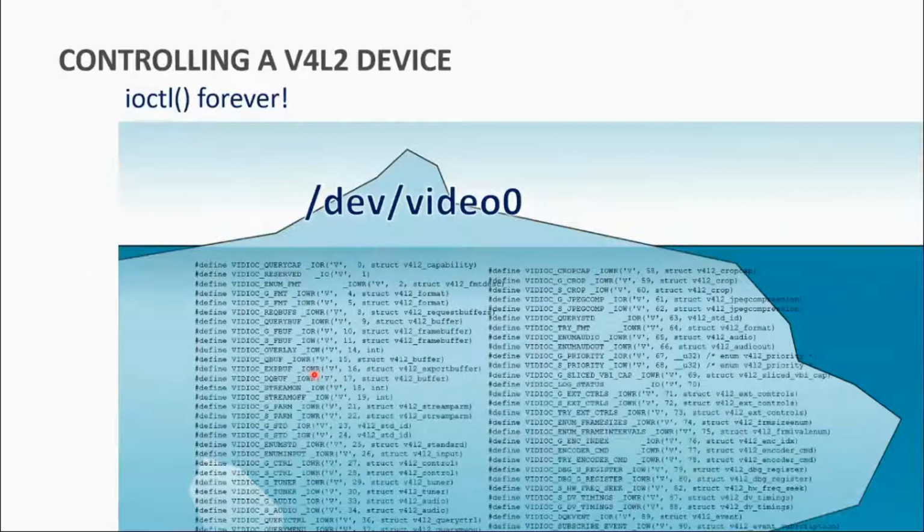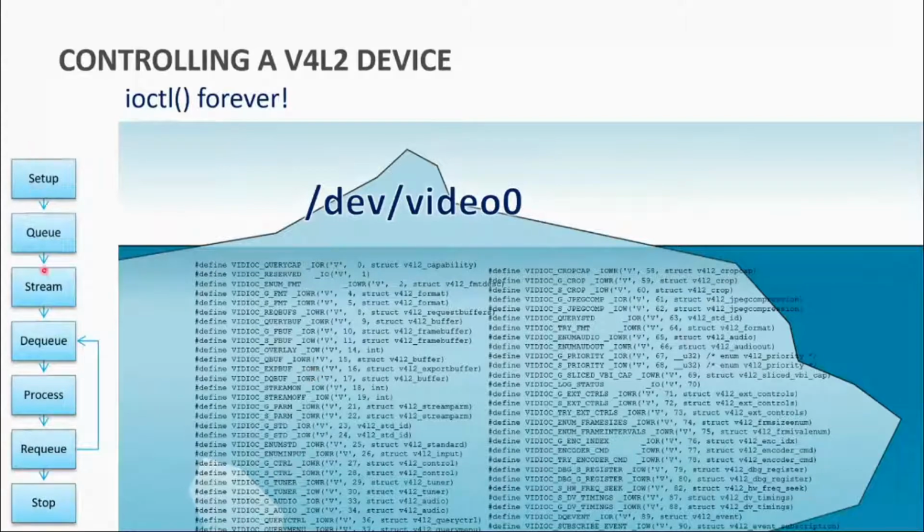There are a few key ones, and I'm going to break them down as we go through into a basic data flow. So this is the control flow of the application, and it matches the data flow of the buffers. Setup, queue some buffers, start streaming, dequeue, receive buffers, process the image data, and then requeue the buffers. And that is the main loop of the application. And when you're done, then stop.